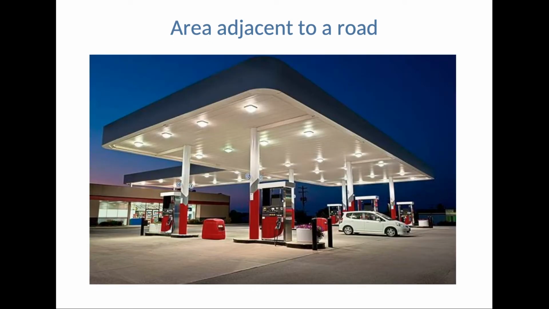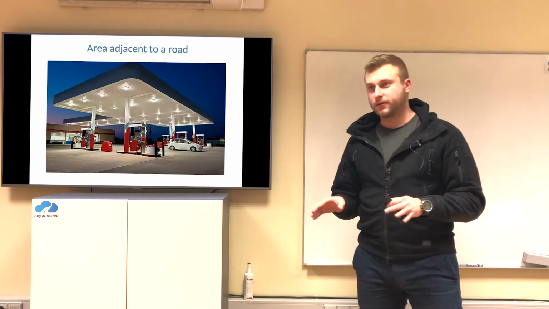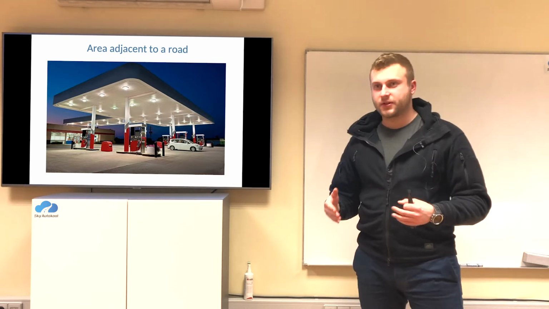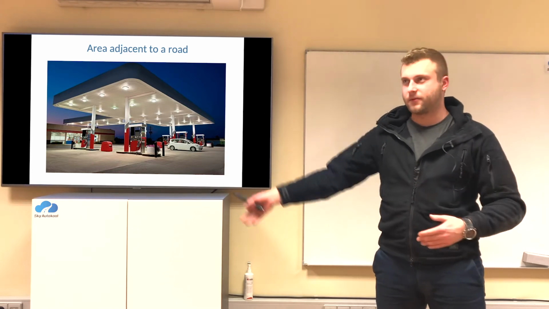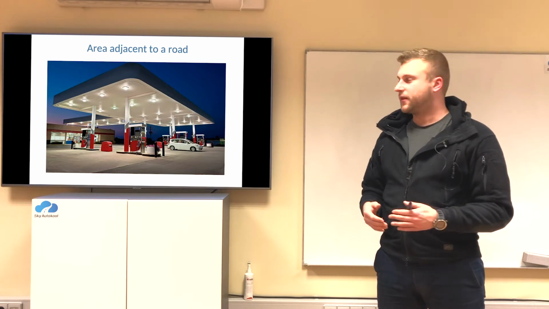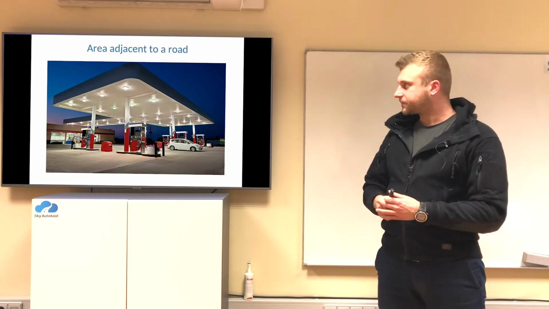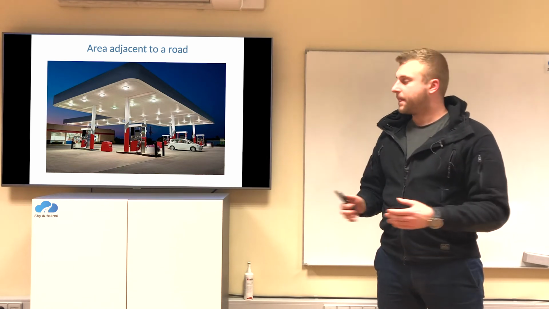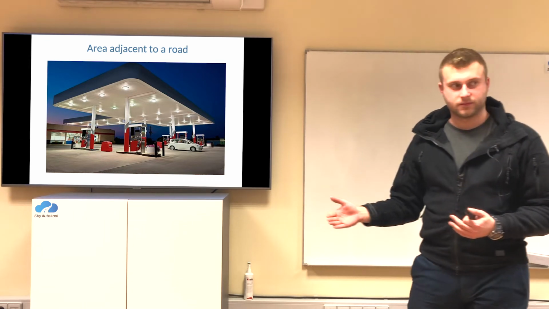A gas station is also adjacent to a road, and on this area usual rules do not work, because cars usually go in any direction they like. They can be on the left lane, on the right, in the middle. So that's why the Traffic Act says that this area is not a road, and road rules do not work there.